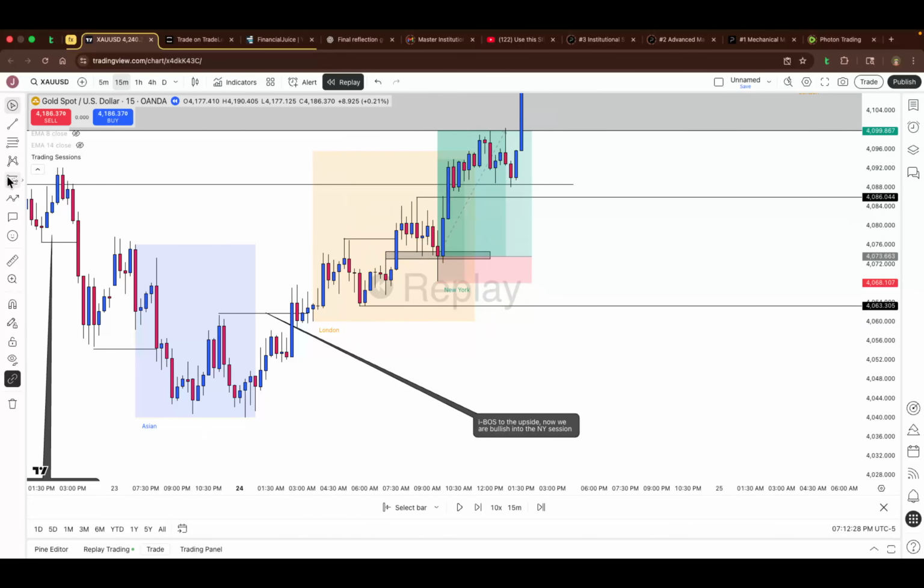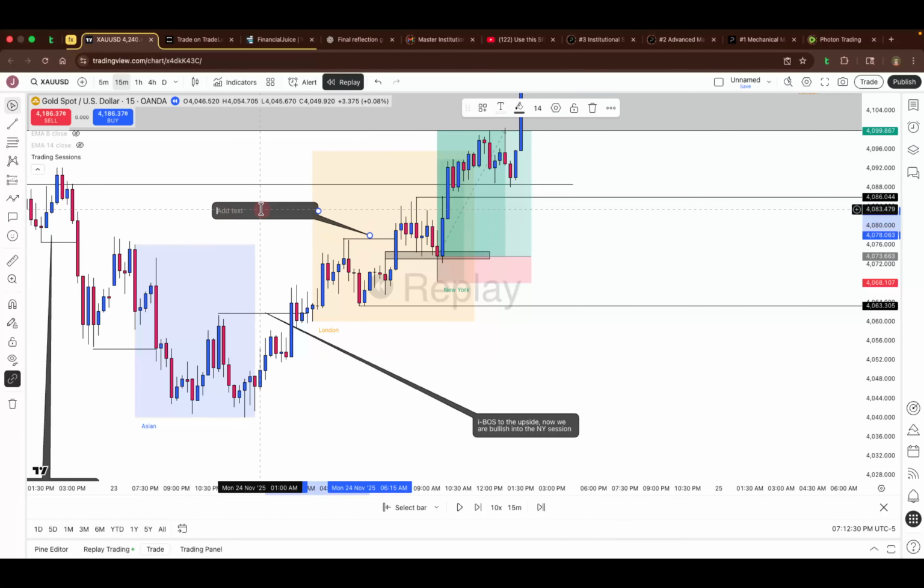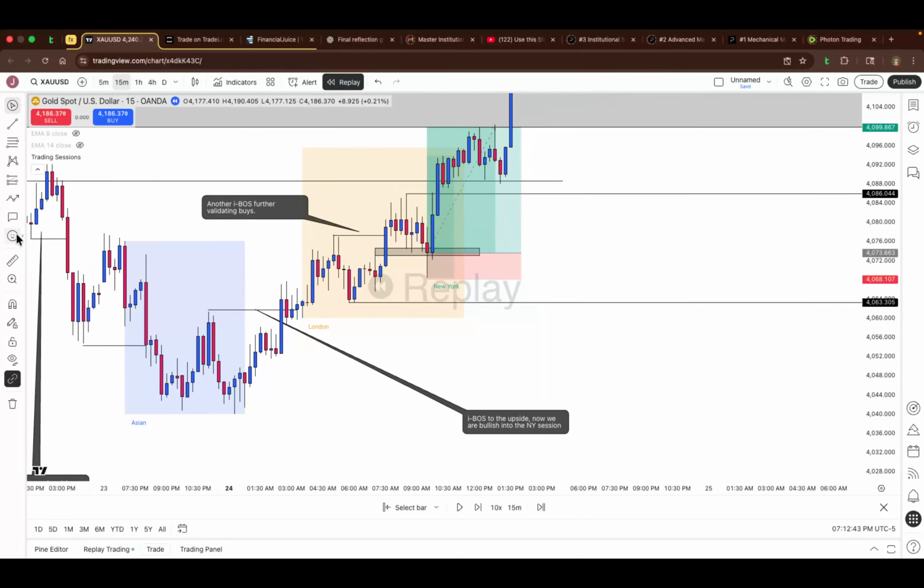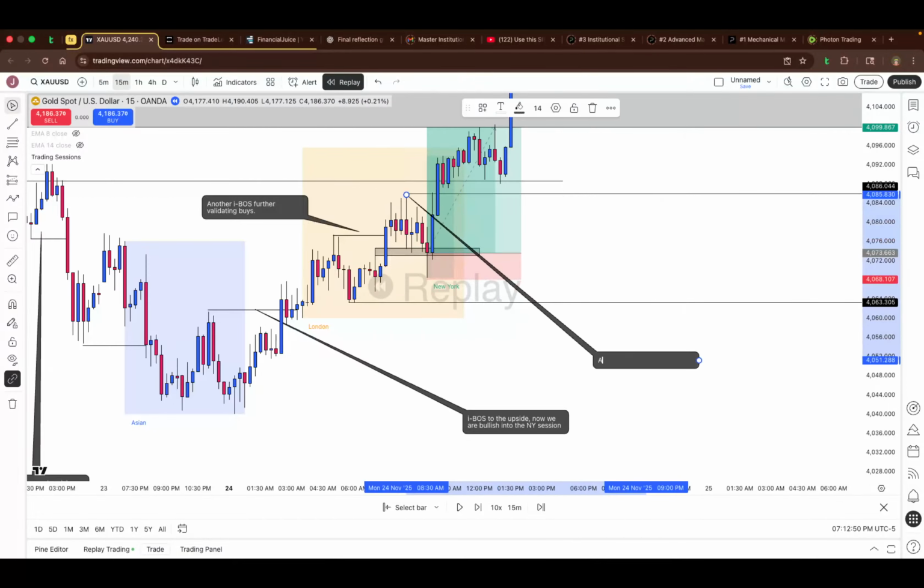Now what do we see price do during London? See another IBOS. Another IBOS. Confirming, further validating buys. Now what are we looking for? After every IBOS, after every break of structure, we are looking for a pullback to enter on.